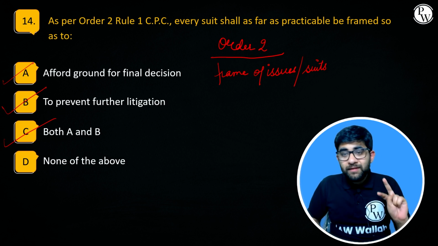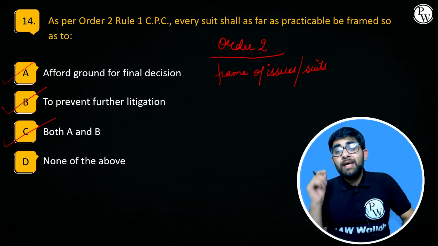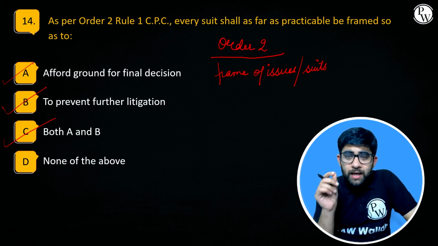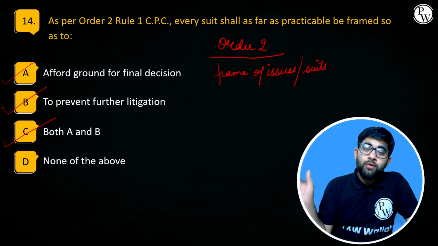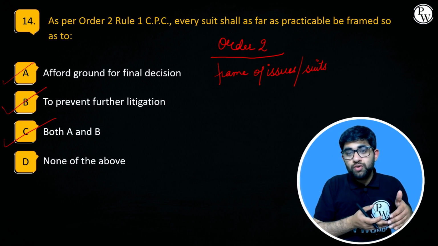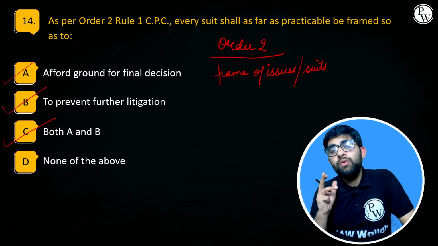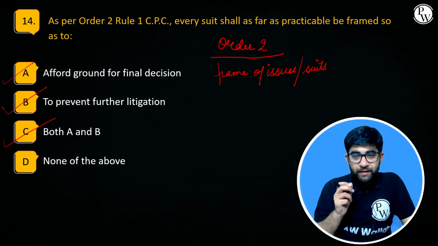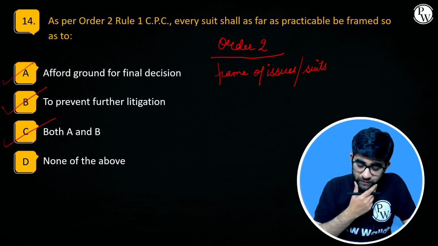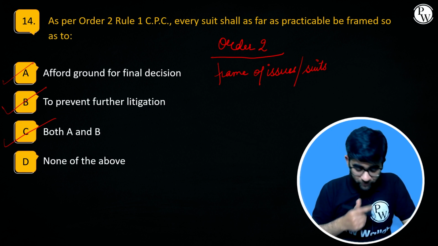Again, if there are no issues framed, then you will have to prove everything. It doesn't narrow down the dispute if issues are unframed. So to prevent further litigation and to give a ground for final decision, framing of issues is important. That's why the answer is both A and B.